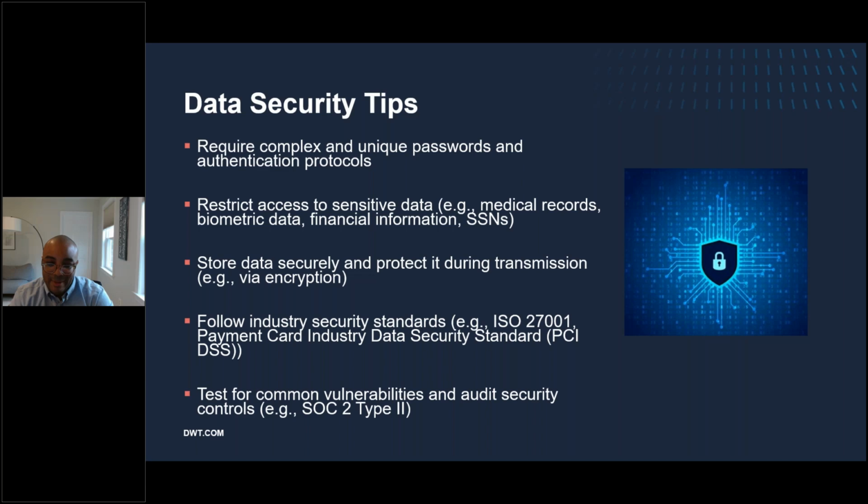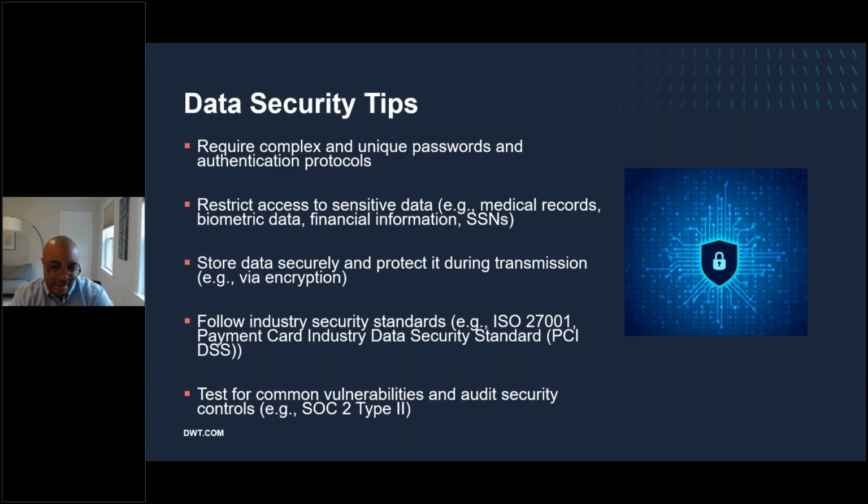Securing the data when it's stored or in transit, typically via encryption, is a good way to make sure that things don't get disclosed or otherwise accessed inadvertently. There are a number of standards in the security space, so I've listed a couple.